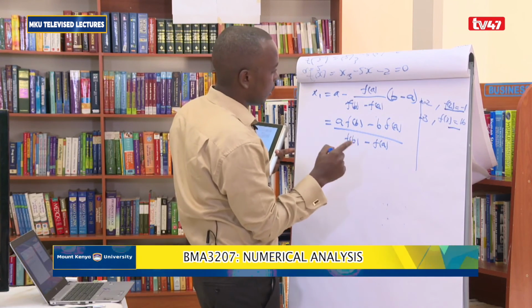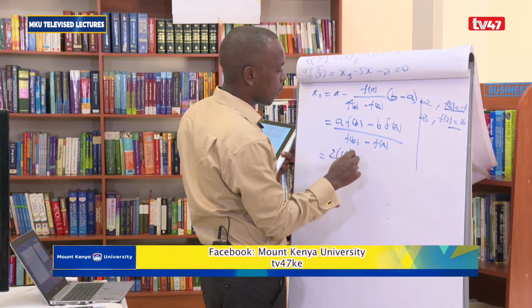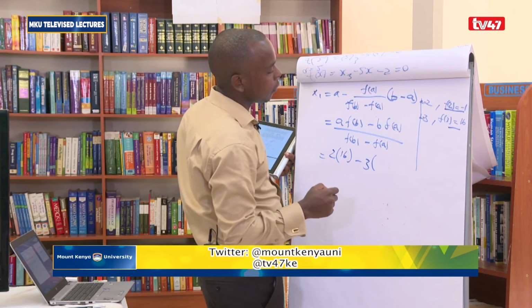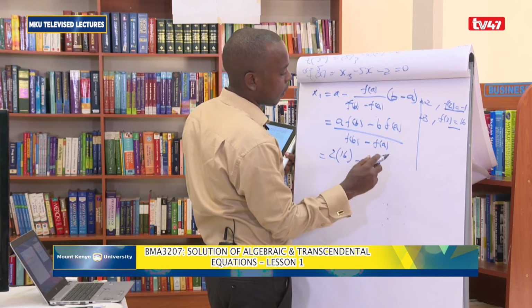So A is 2, f of A is -1, B is 3, f of B is 16.